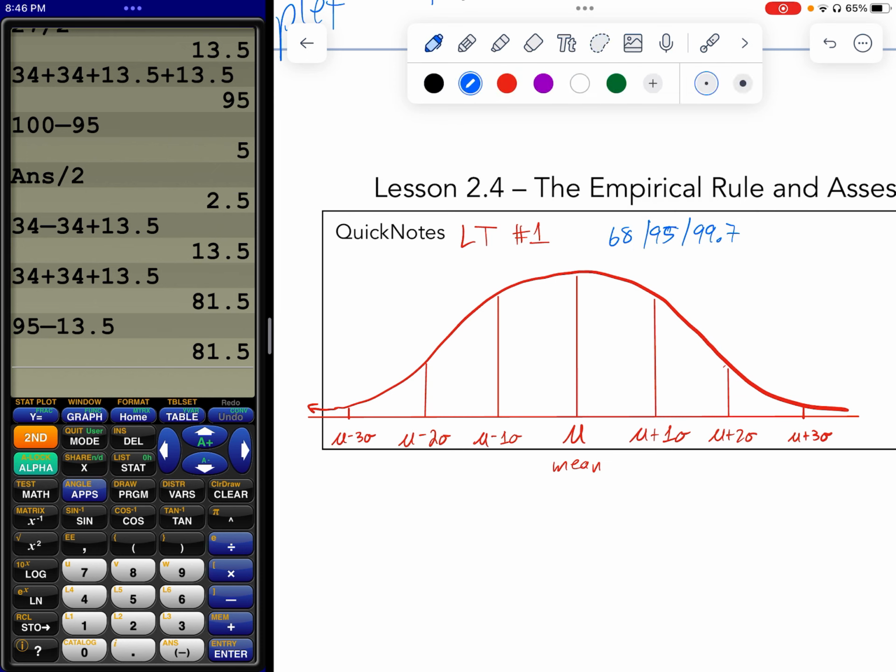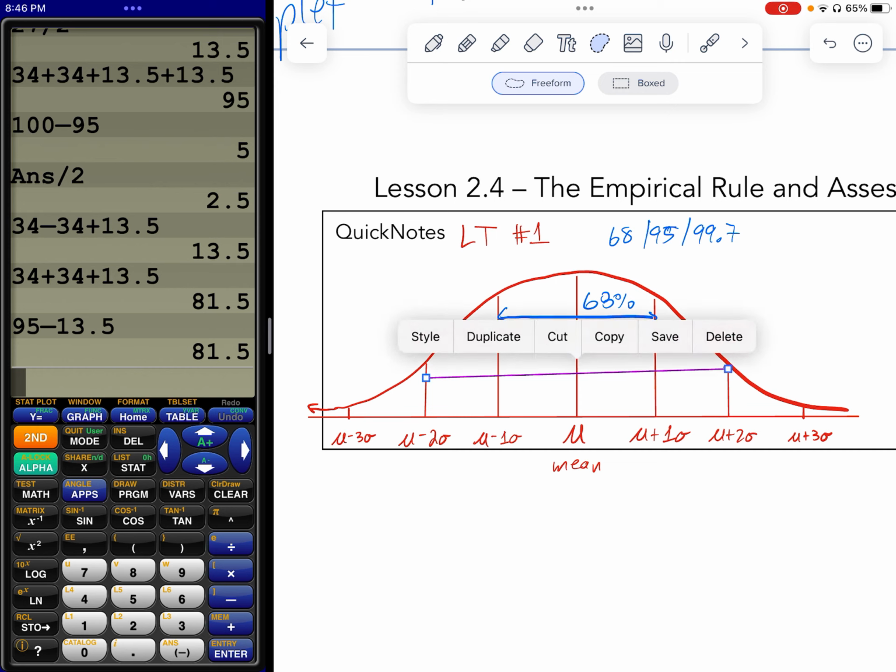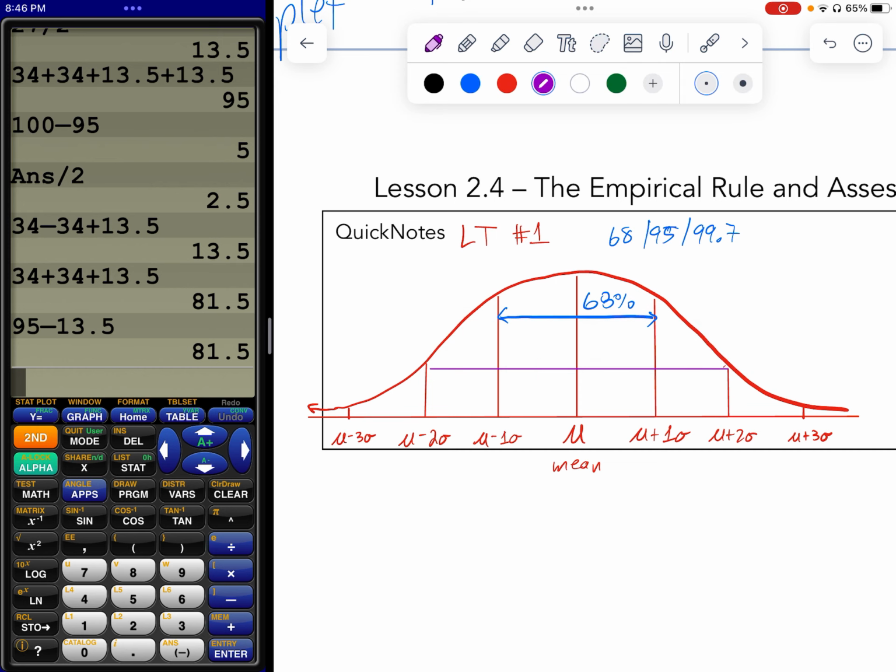All right, so essentially within 1 standard deviation of the mean, that'll be from here to here, is 68% of the data. Within 2 standard deviations of the mean, you have 95% of the data from there to there. Okay.